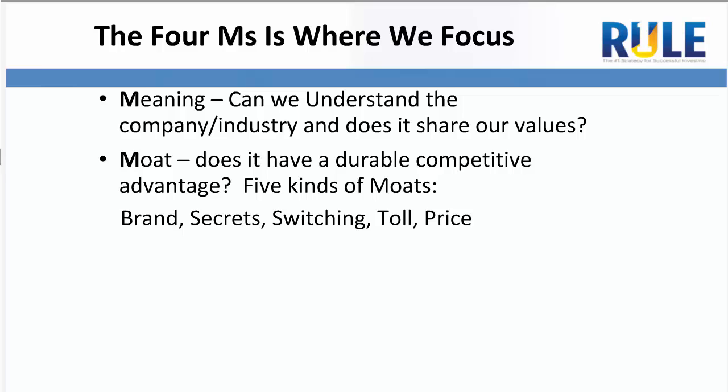Secrets, something like patents, right? Or maybe like Coca-Cola has a secret formula, right? So something that people can't copy because they either can't figure it out or it's against the law. So that's a nice moat. Switching, think of Microsoft as a good switching moat. Toll moat is like a monopoly, basically.